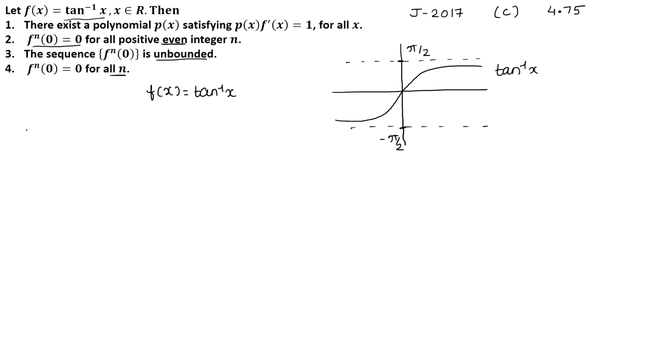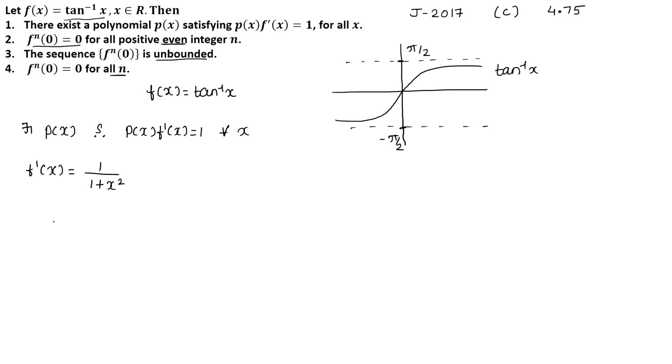Now the first option says that there exists a polynomial p(x) such that p(x) f'(x) = 1 for all x. For that, first of all, f'(x) is the derivative of tan inverse x, which is 1 by 1 plus x square.